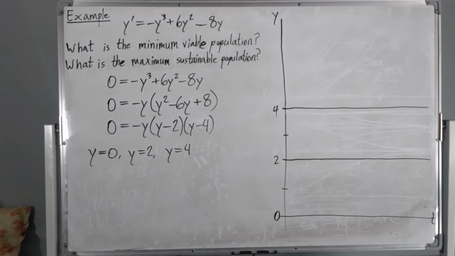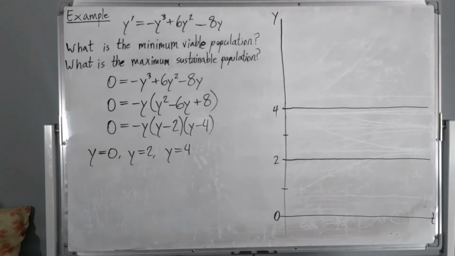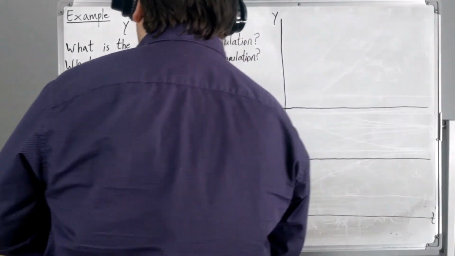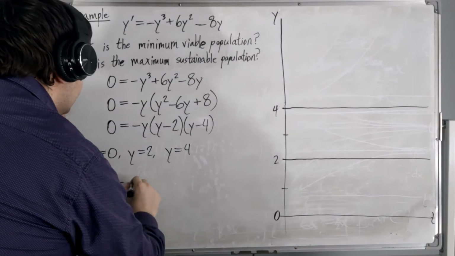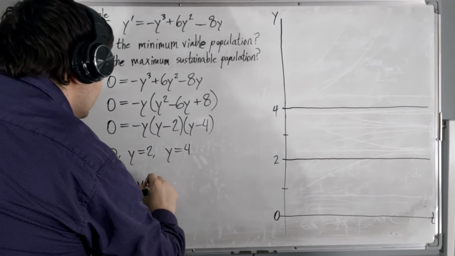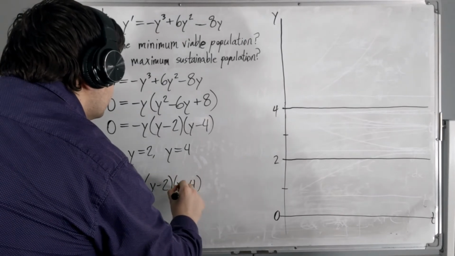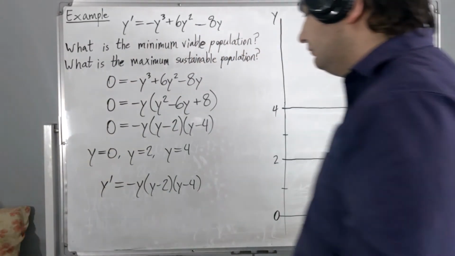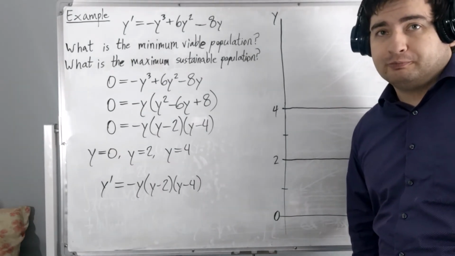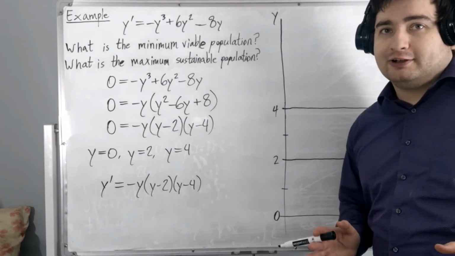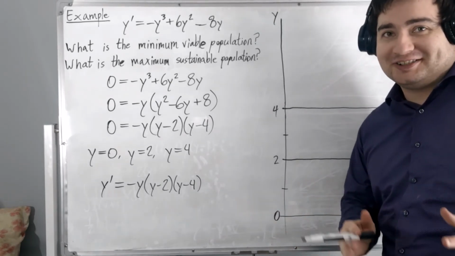So now the next thing we need is the phase diagram. So let's see here. y prime, we know, we can factor into negative y times y minus 2 times y minus 4. So, if you pick something less than 0, well, first of all, let's recognize that less than 0 members of a population does not make sense.